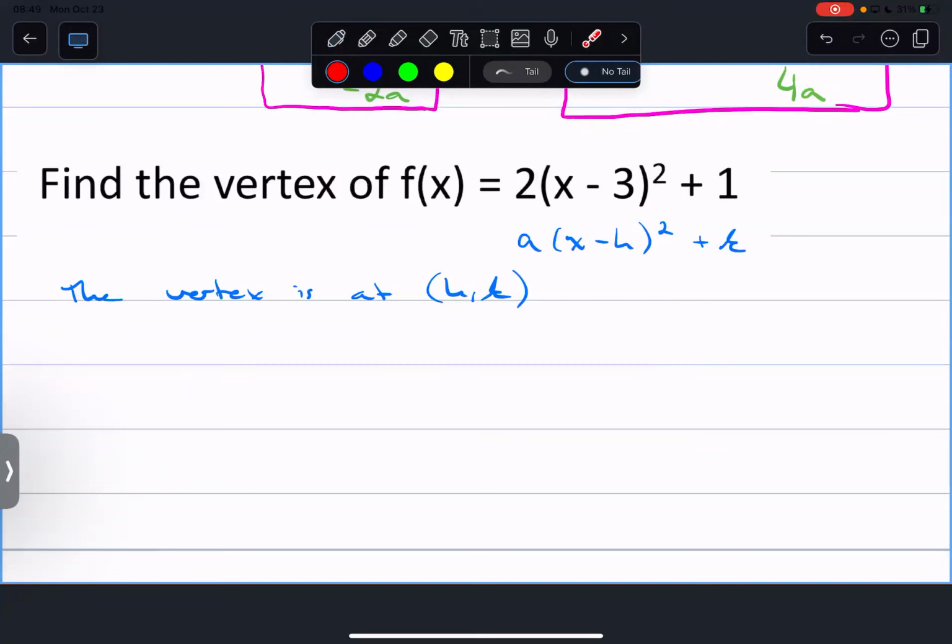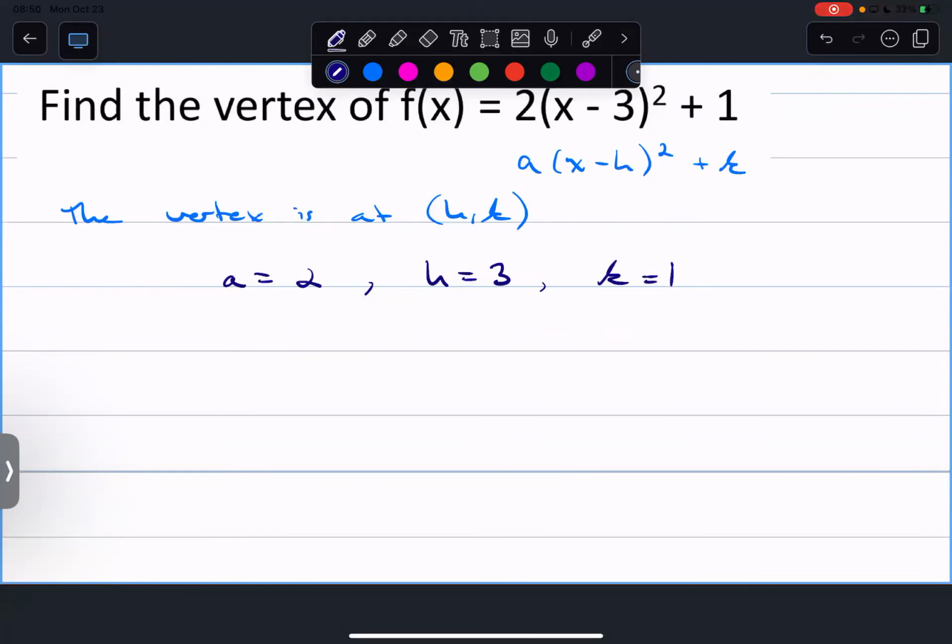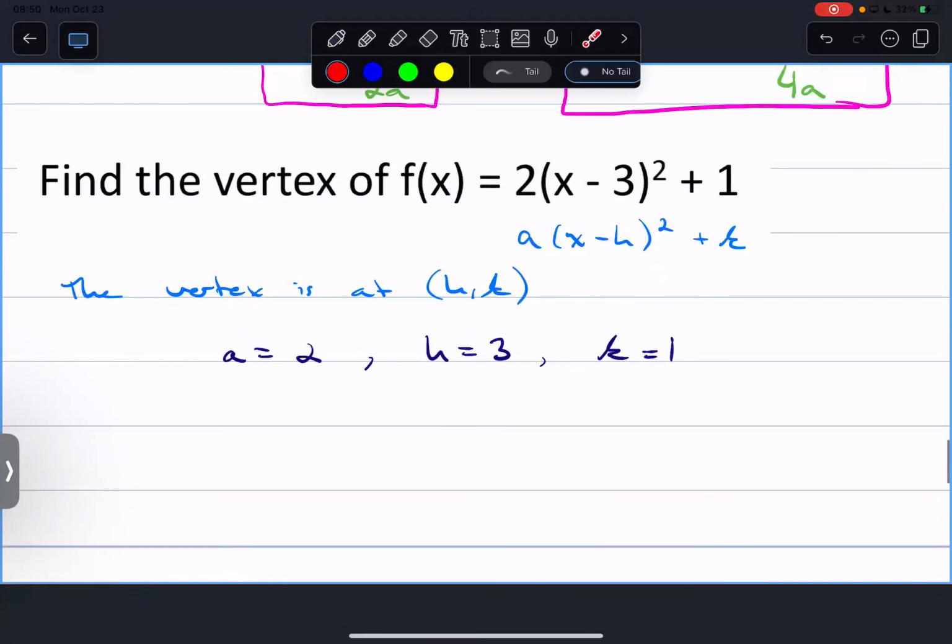But in this case, it's a nice example. So here we have a is 2, h is 3, and k looks like 1. It's just opposite for h, so it has to match the x minus h.